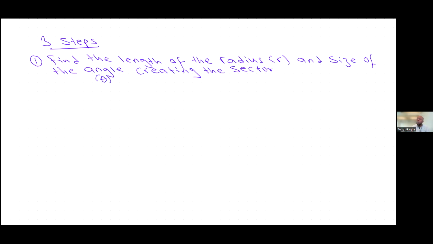Then number two, when you're done doing that, the next thing you have to do is substitute appropriately into the formula. You know the formula is theta over 360 times pi r squared, right?